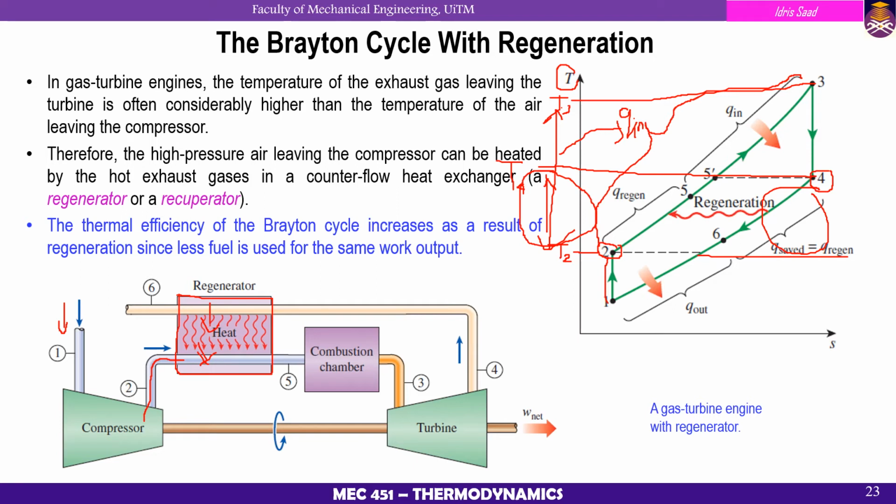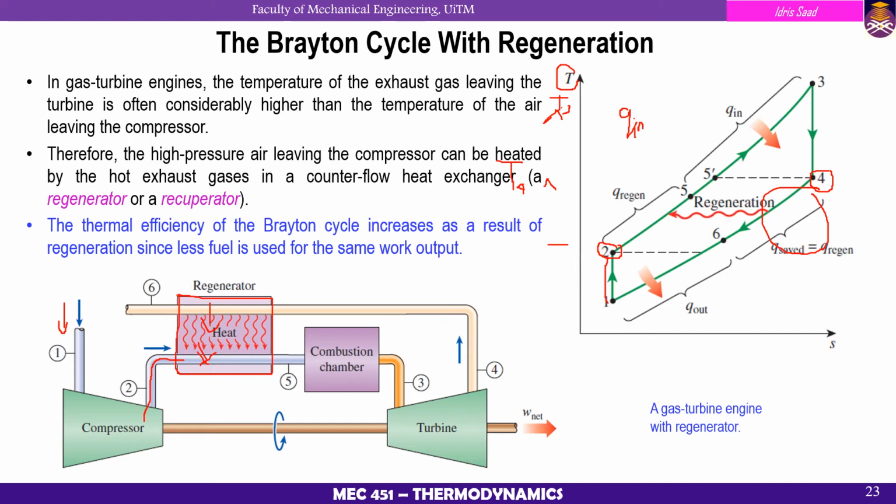Therefore, the result is that we can reheat the inlet air to a certain value, but the maximum value is equal to T4. So this is the maximum value. However, we cannot get the maximum. So from here to state 5, we get what we call Q regen, or regeneration, that we can get from the exhaust gas.